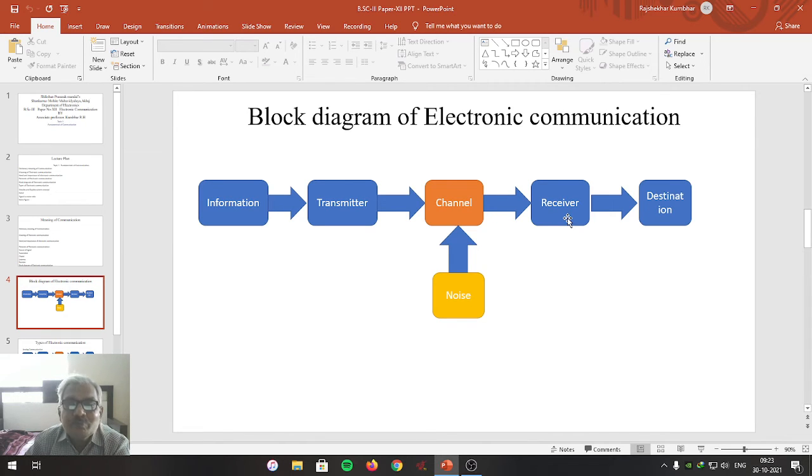destination. For example, if an acoustic sound signal is the information at the beginning, then here that acoustic sound signal, proportional to the electrical signal, is separated, and then it is given to the destination, and the destination here is a speaker.